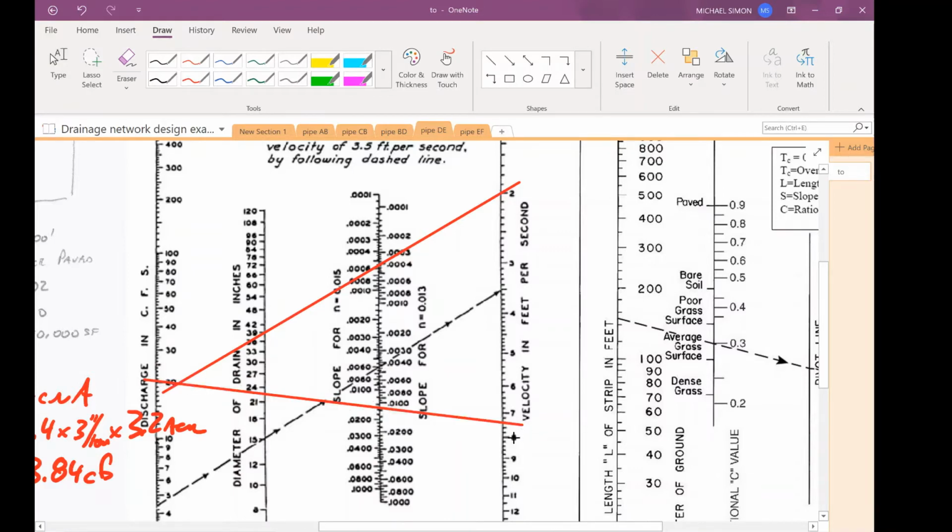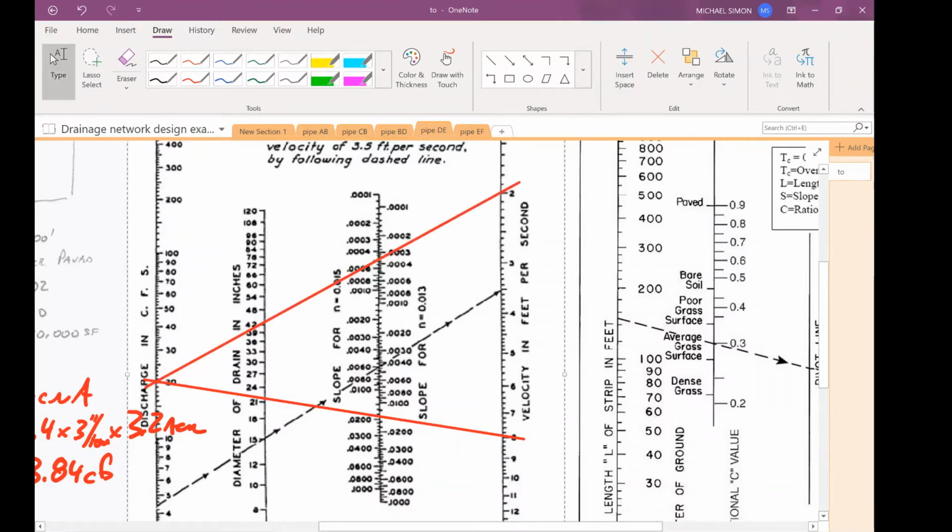Okay, so basically, any diameter in this range would be an acceptable solution. So you could choose a 24, a 27, a 30, 33, 36, 39, or 42. Any of those would work to make that pipe flow properly.